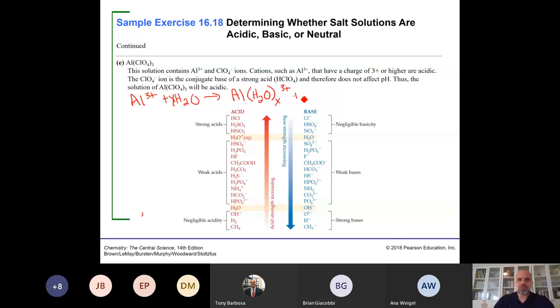Then you're going to react this with a water molecule to give us the aluminum hydrate X minus 1 times the OH minus, makes the OH. And this is all going to now have a 2+ charge. Oh, that's not a 2, that's a 3.